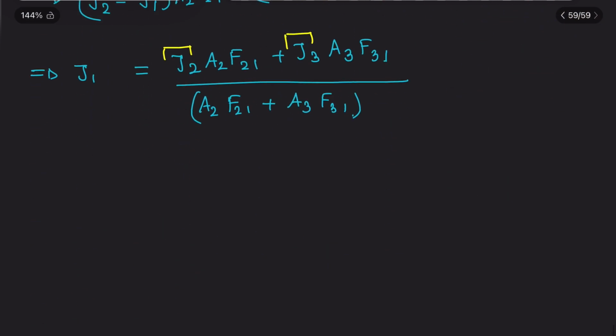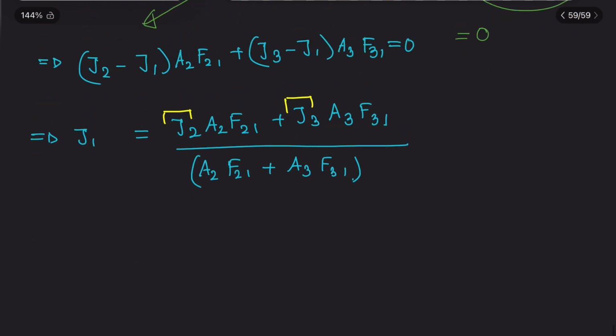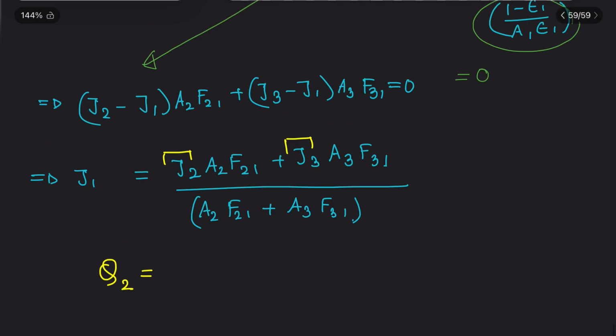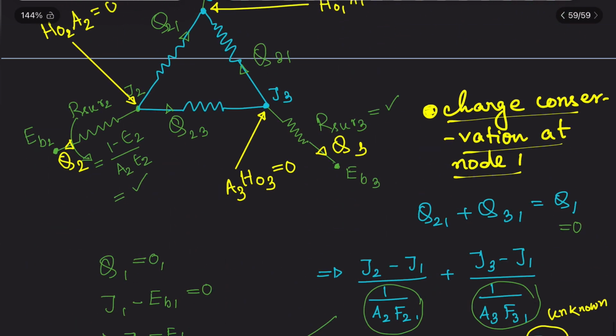So that means, see, I can write Q2 is equal to, so I cannot do anything like charge, I mean Q2 plus Q1 plus Q3 equal to 0.